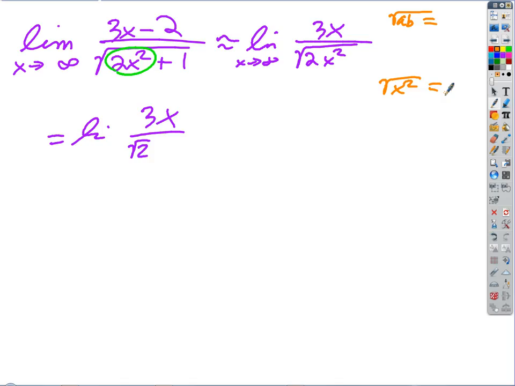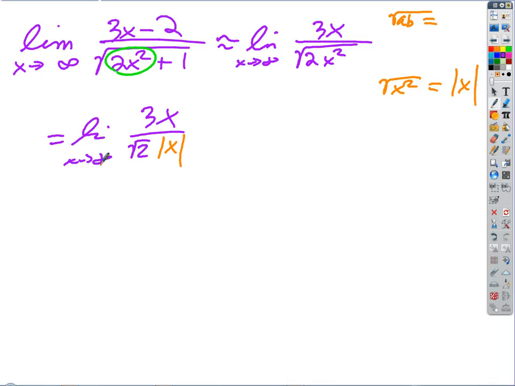Well, it's not just positive x. Absolute value, yeah, that's the definition of an absolute value function, right? So that's the absolute value of x. Okay. So we end up with 3x over the square root of 2 times the absolute value of x, as x approaches infinity.